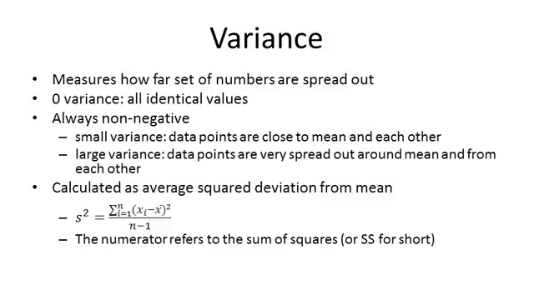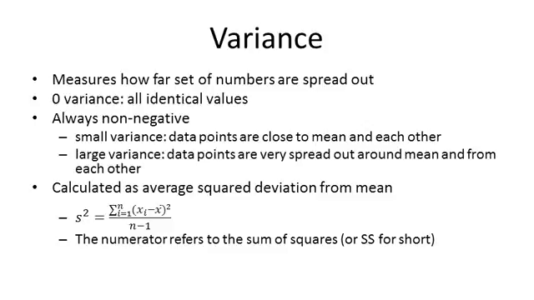To calculate the variance, you take the summation of each point with the mean subtracted from it and then squared, and then divide the whole thing by n minus 1, where n refers to the number of observations that you have. So the numerator there at the top refers to the sum of squares, or SS for short.